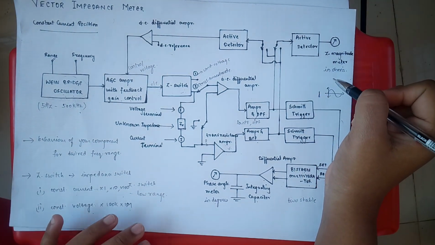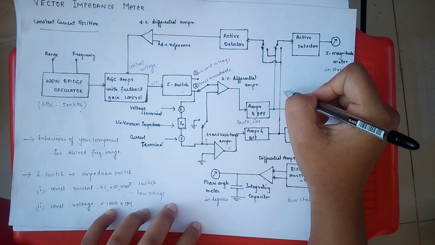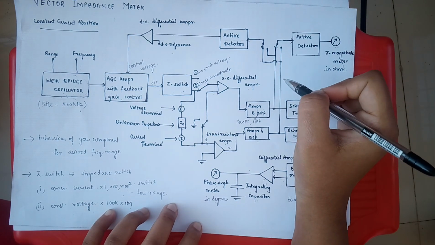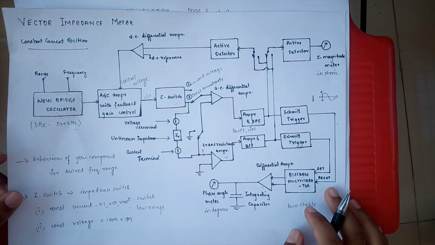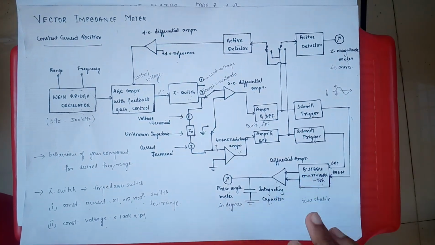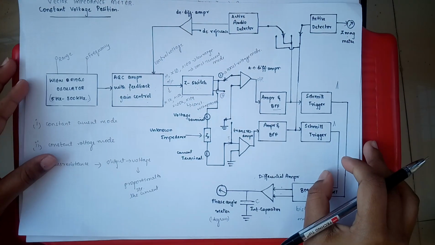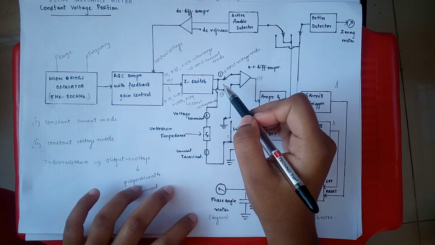Okay, this is the working of this meter in the constant current mode. Now, let us look at the constant voltage mode. In the constant voltage mode, the only difference is here.